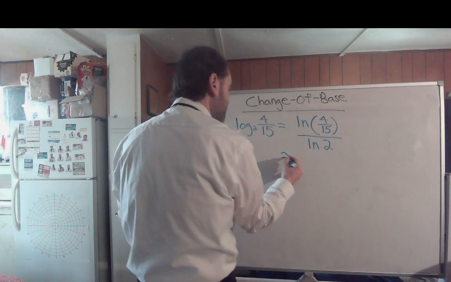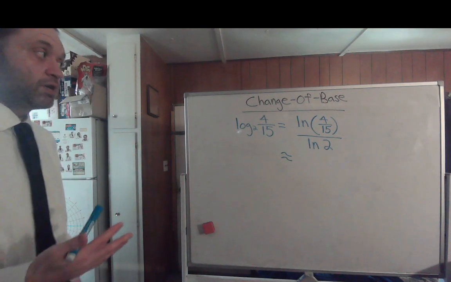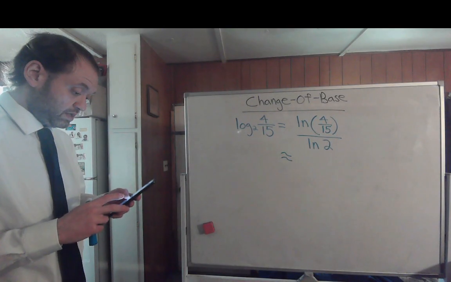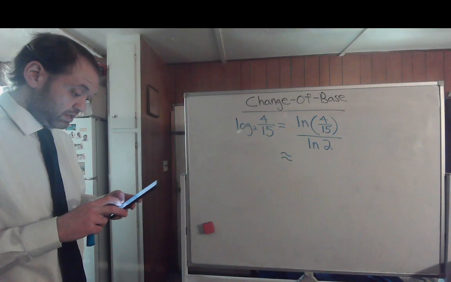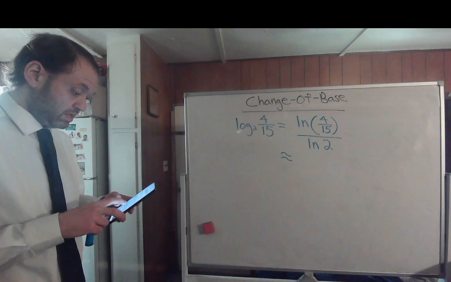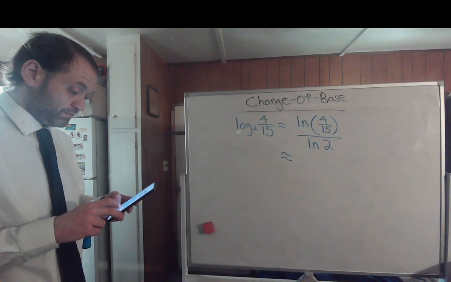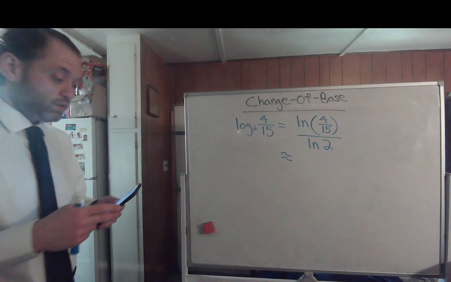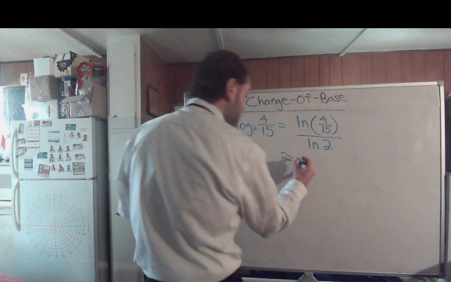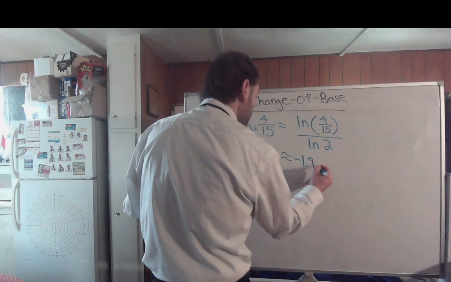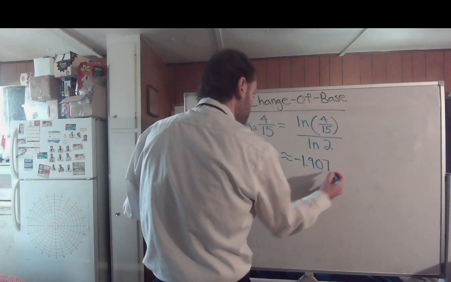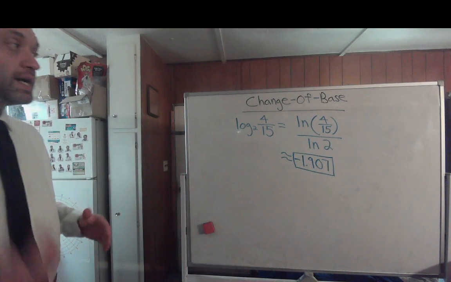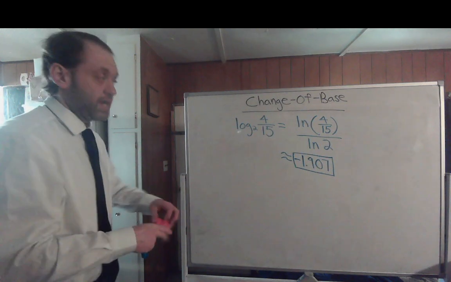And now we have it in such a way we can get a decimal approximation. Which would give you about negative 1.907. So you should get about negative 1.907 for your answer.